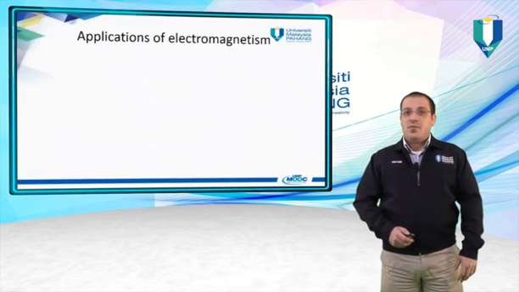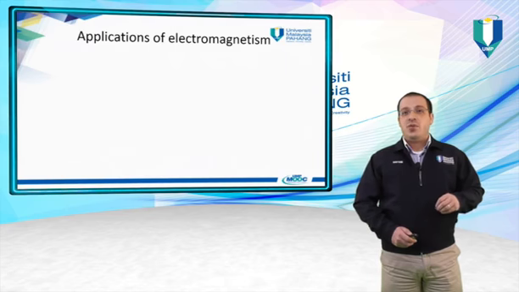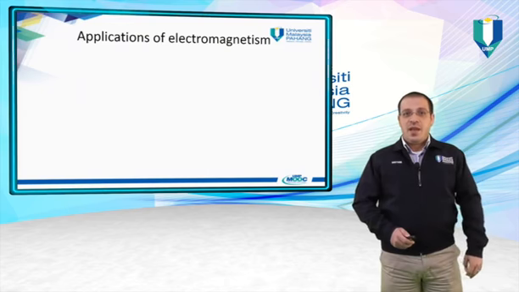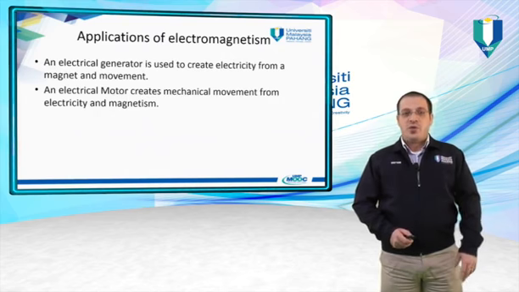So we need to start with the application of electromagnetism. If you study electrical fundamentals, you should be familiar with the application of electromagnetism. There are 2 main applications for electromagnetism.